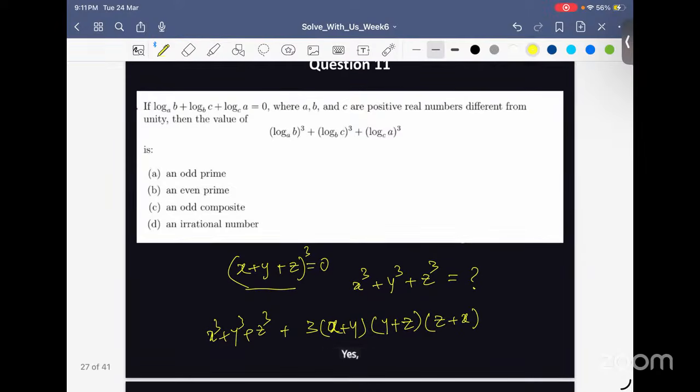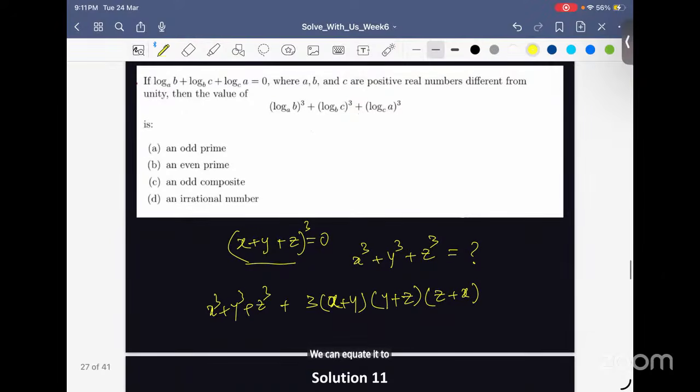This is the formula of x plus y plus z to the power cube. We can equate it to 0, right? Yeah, we can equate it to 0. That is fine.